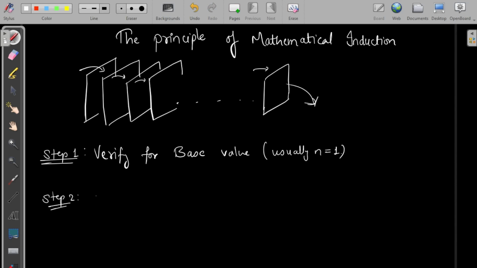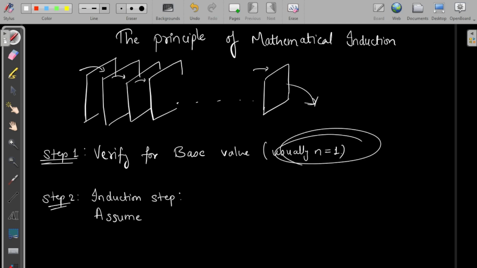Step 2 is the induction step. We assume that the statement is true for some n equal to k. Because we have already proved that there exists some n for which the statement is true. That could be the base value, that is n equal to 1 or n equal to 10 or anything.